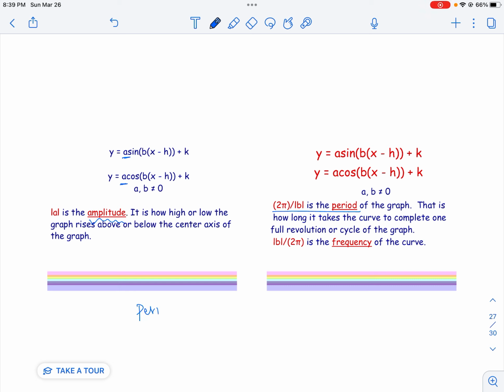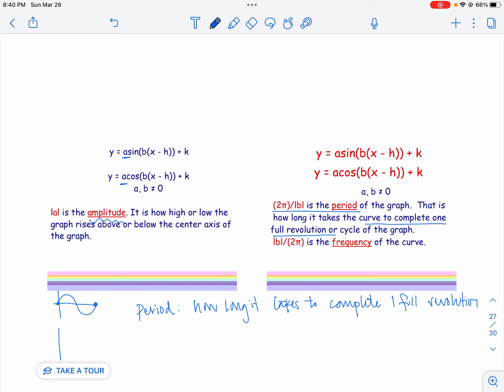The period of the graph is how long it takes the curve to complete one full revolution. That means how many times am I going to see a full sine curve? Normally the period is 2 pi because it's from 0 to 2 pi. Or how long is it going to take to see a full cosine curve? And again, the period normally is 2 pi.